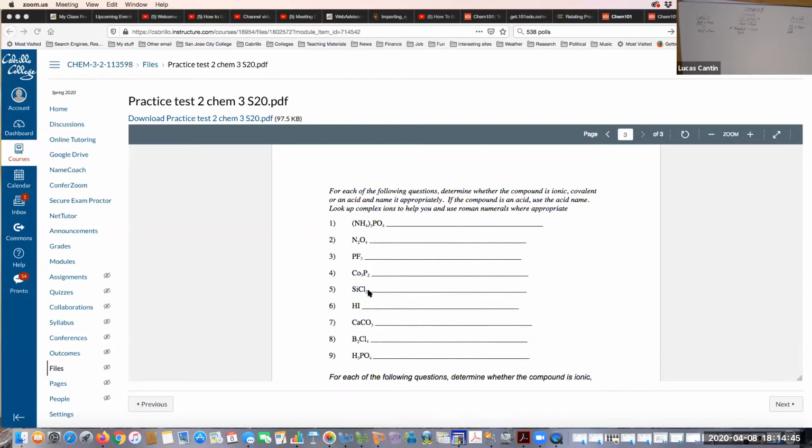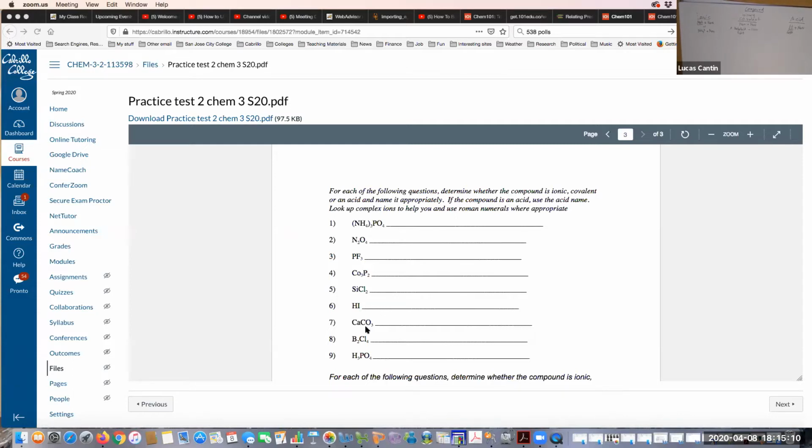But in terms of naming, as far as I understand it, if I'm on the right side of that division, then I treat it like a non-metal. So silicon's considered a non-metal for naming. Okay, what about 6? Is it an acid? Yeah, 6 is an acid. I have hydrogen on the left.